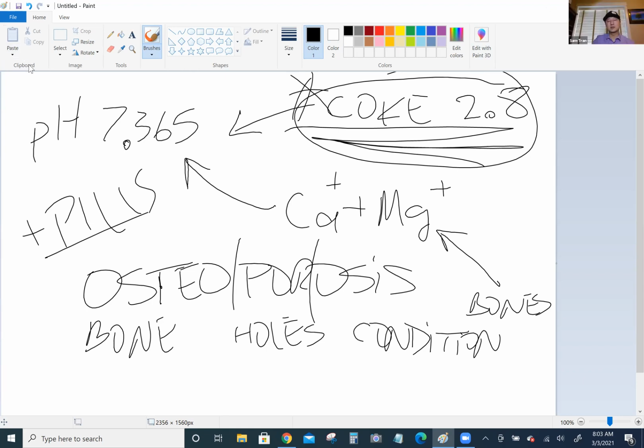That's the same, and then you might end up with more kidney stones too. Because what does your kidney do? What's the function of your kidney? That's your filter, isn't it? It's your filter. It's like your oil filter. So if you've got more calcium and magnesium running through your oil, your blood, the filter is going to pick all that up.